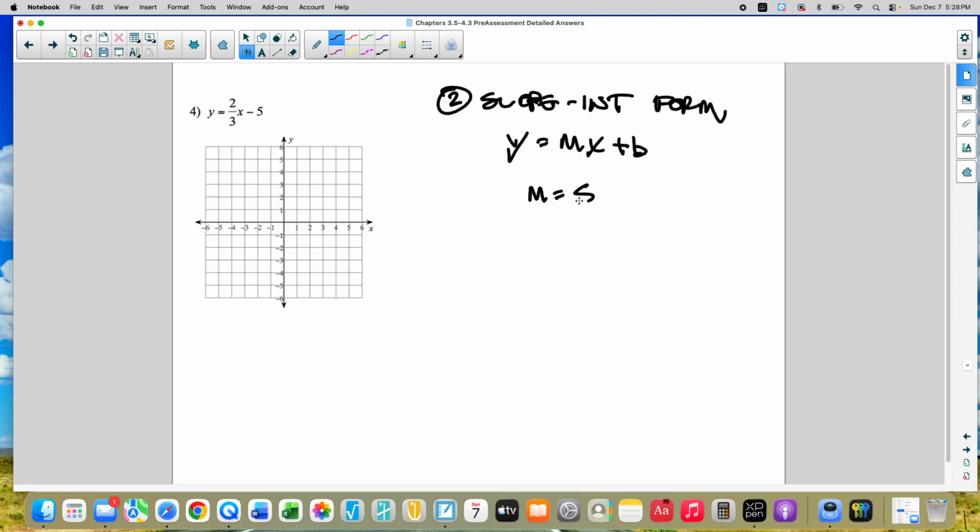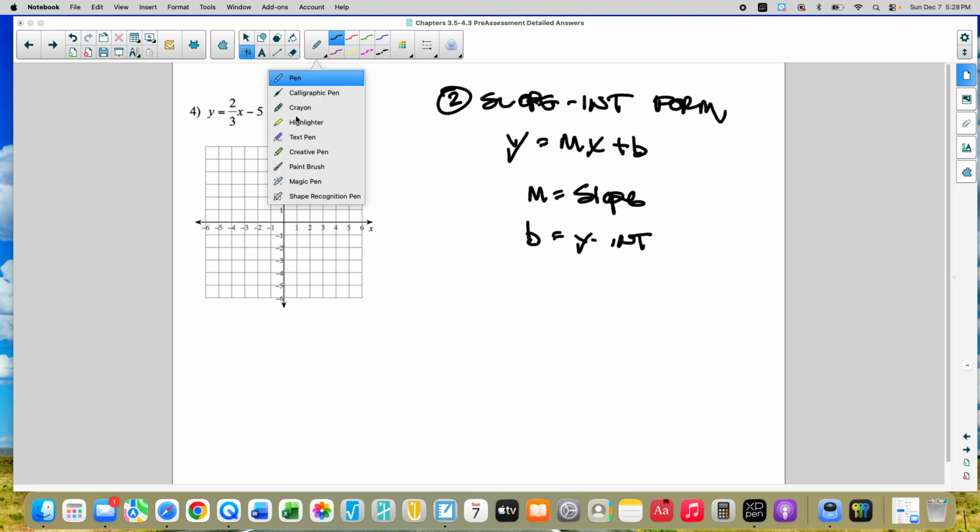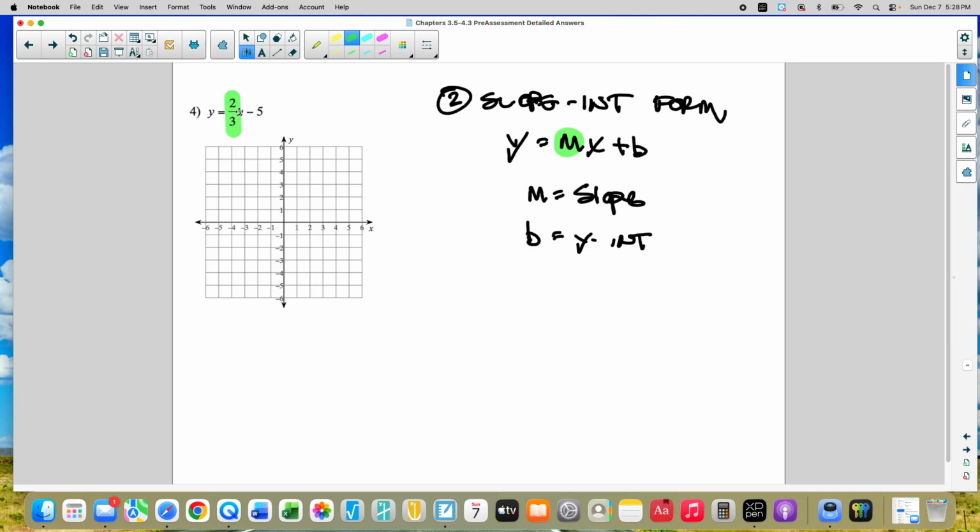M represents the slope of the line, and b represents the y-intercept. So we see the slope is the coefficient of x. It's the number in front of x, not the x itself. And then b is the y-intercept. So -5 would be my y-intercept.